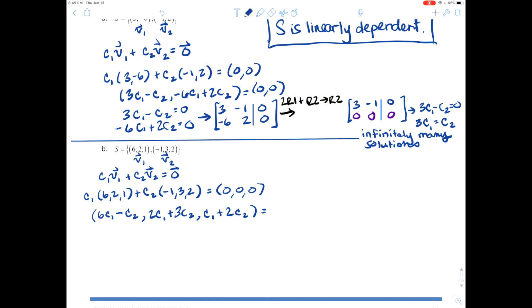And that vector is equal to the 0 vector. So what does that mean? Well, equating corresponding components, we'll have this system here. 6C1 minus C2 is 0. 2C1 plus 3C2 is 0. And C1 plus 2C2 is 0.